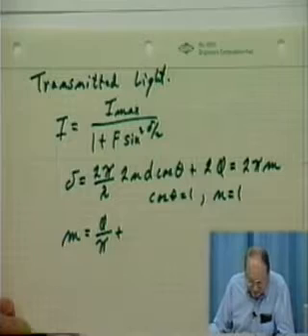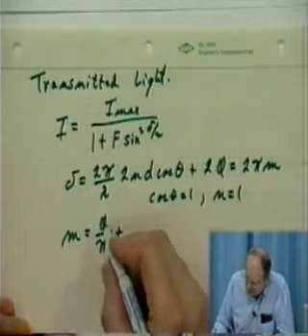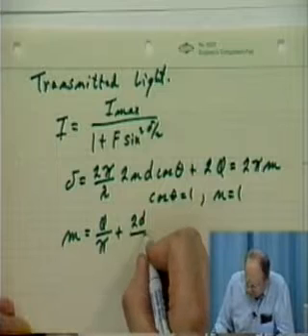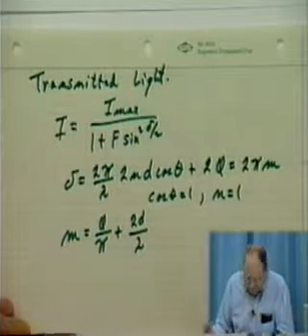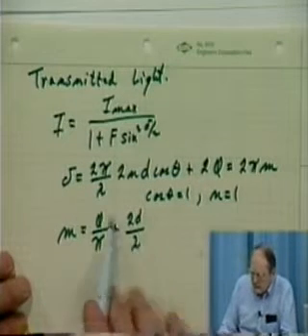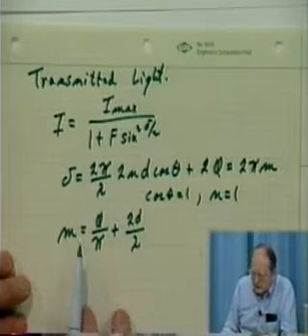So I set that equal to 1. And so this becomes phi over pi plus 2d over lambda. Okay. So this is what we have for a given fringe of order m.